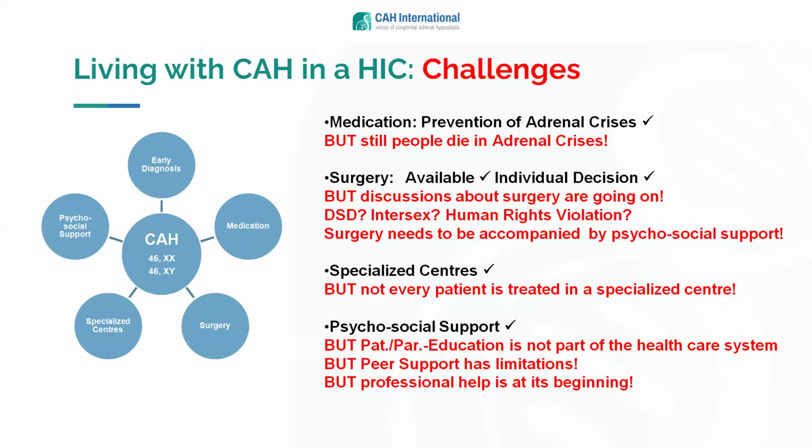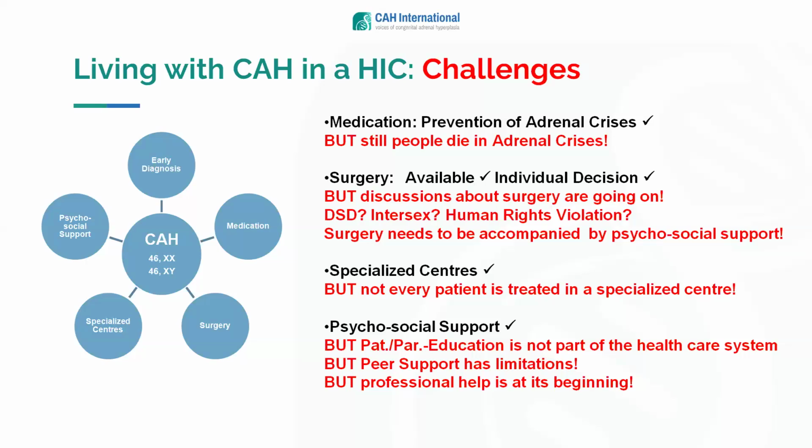Yes, specialized centers. We do have specialist centers, mainly in the bigger cities where there is a medical university. So these are the centers where we refer people to, or where we tell them they should go to. But not every patient is treated in a specialized center. I had contact with a woman recently.